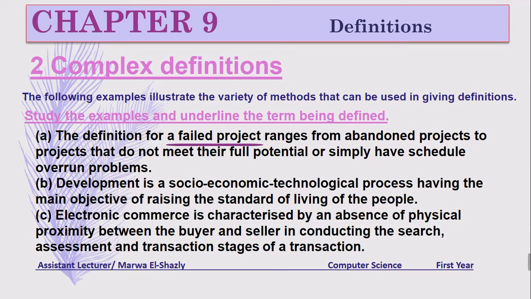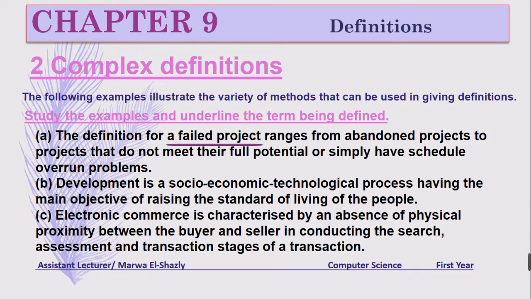A socio-economic technological process, هي عملية اجتماعية socio related to the society, to the economy, to the technology. طيب الأوبجيكتيف بتاعها إيه؟ Raising the standard of living, رفع مستوى المعيشة للpeople. The development means yes التنمية.